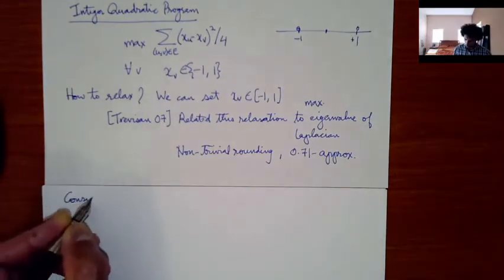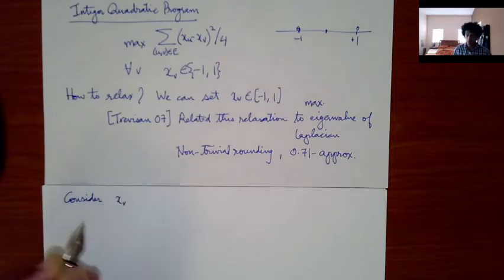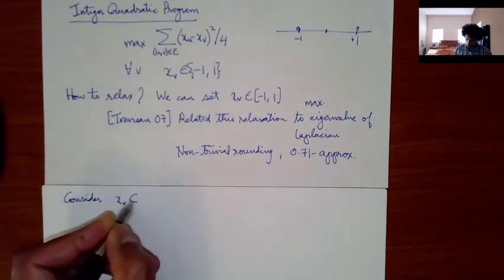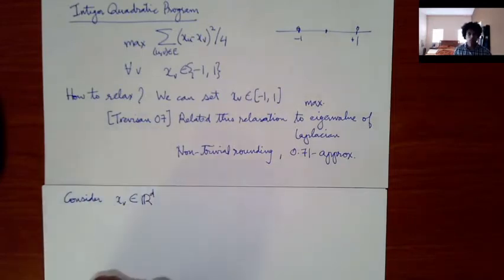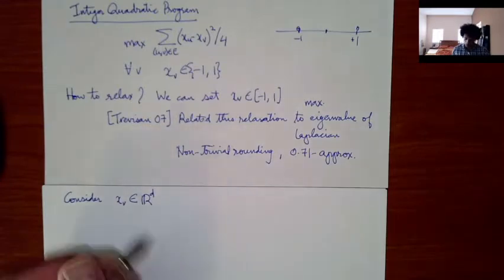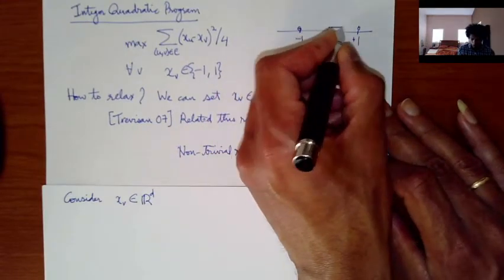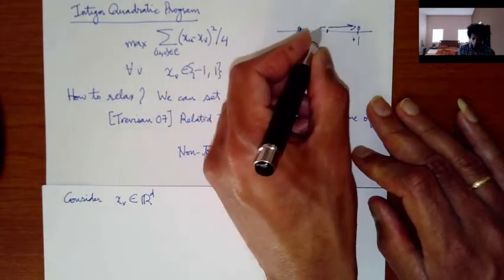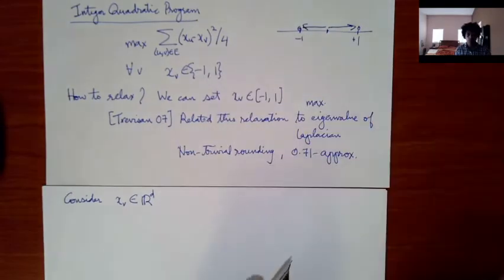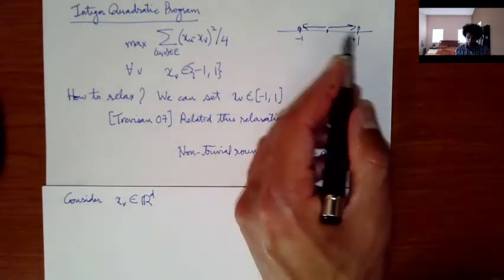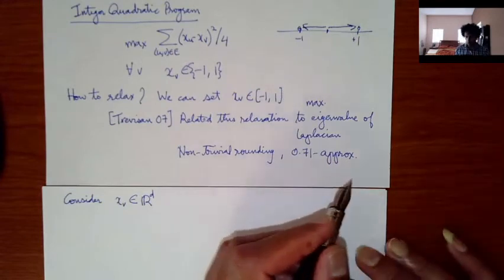So consider xv to actually be a vector in d-dimensional space. In the discrete solution, xv is either this vector or this vector, so it's just one dimensional.